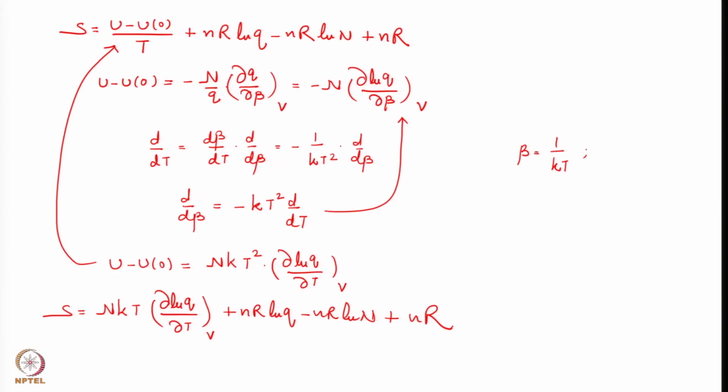We have reached up to this. This T square becomes T because U minus U naught by T is used. Now, what I will do next is, to make things a little easier, I will combine these two terms.